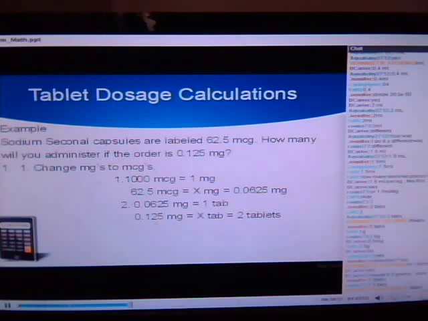You take the milligrams, so we know that 0.0625 milligrams equals 1 tablet, so 0.125 milligrams equals X tablets, and we come up with what do we come up with? Yes. Good job. I'm going to go ahead and do it with you.